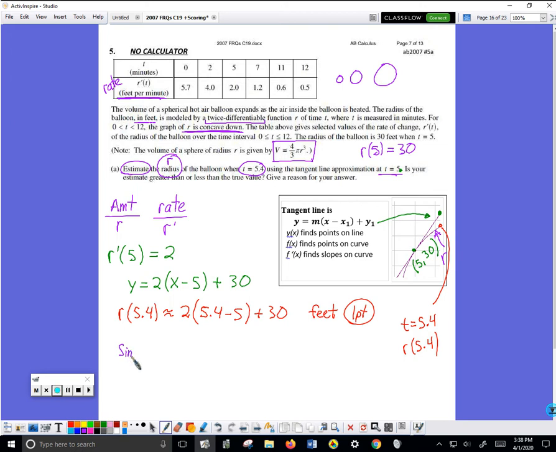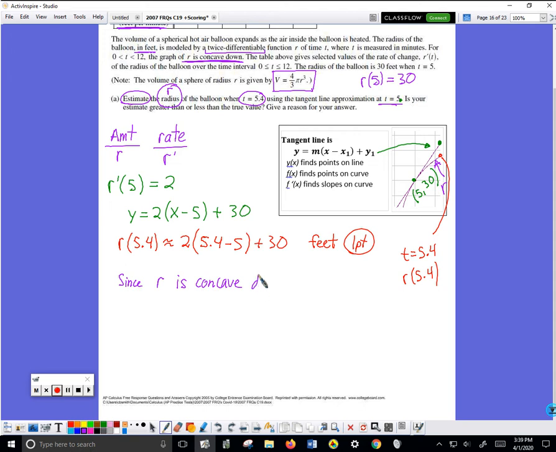Since R is concave down, the estimate is greater than R of 5.4.